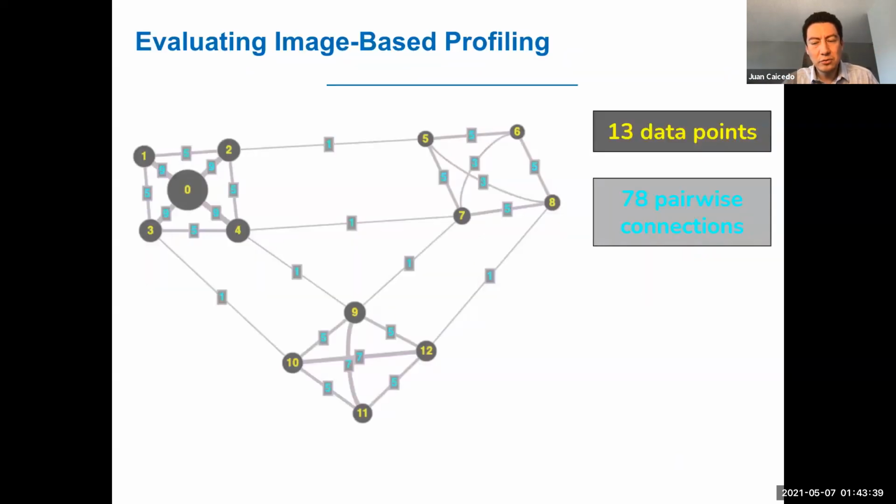And how do we evaluate that? Imagine we get 13 compounds in this case. So each of the gray nodes in this graph is one compound. And we have a population of cells in each of the compounds that have been aggregated. Let's say this is the mean of the morphology according to the features in the network. So what we want to do is to be able to understand which compounds are similar to each other. So we can connect this graph, all compounds against all compounds, and see whether the connections that we observe in the graph are biologically meaningful or not.